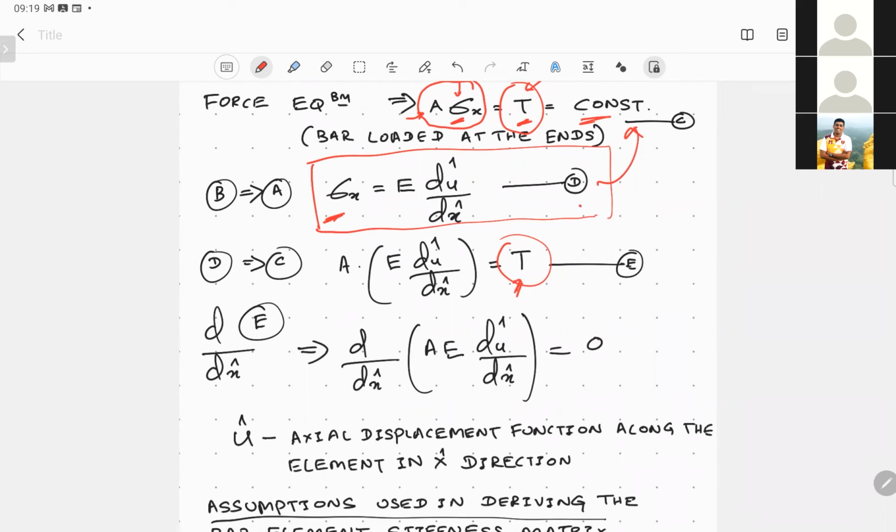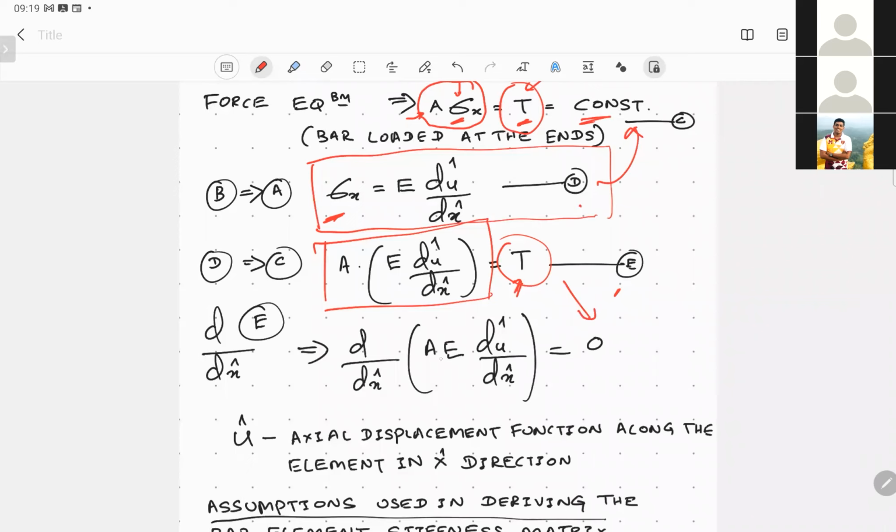As a mathematical trick, you will realize as to why we do it. Let's take the derivative of equation E and differentiate with respect to x hat. So you take this total function here and differentiate it with respect to x hat. On the right hand side, obviously it will become 0 because it's not a function.